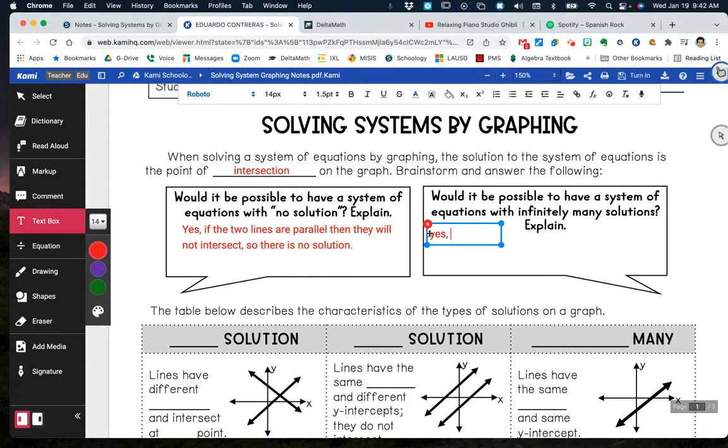Sometimes they say that the two lines coincide, overlap.